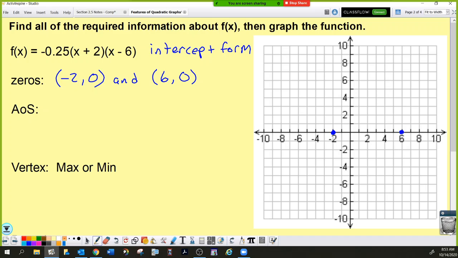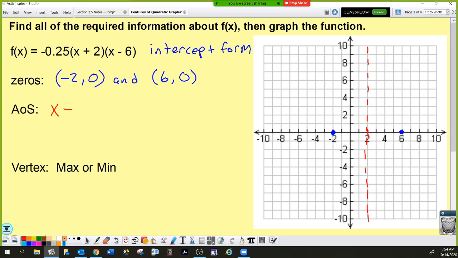The next thing I've asked you to find is the axis of symmetry. You were already doing this when I had you graphing these things. This is intercept form. It gave me the 2 x-intercepts. Where can I always find the axis of symmetry when I have the x-intercepts, Dalen? Yeah, in the middle between those 2 numbers. So you can either count and see that there's 8 spaces between them. If you moved by 4 spaces, you would find the axis of symmetry at x equals 2.